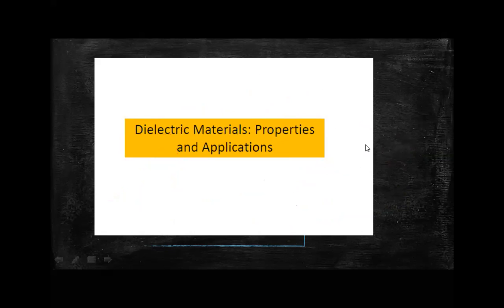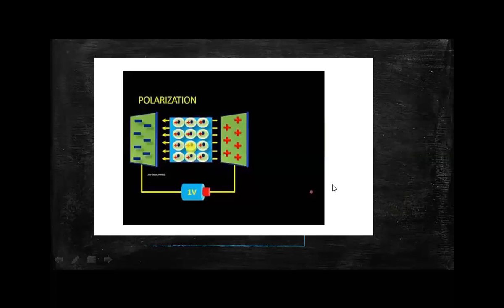How they conduct is the question. When you want to apply the electric field, you need electrodes. Definitely, you need to apply positive and negative electrode plates, and this is the dielectric material.